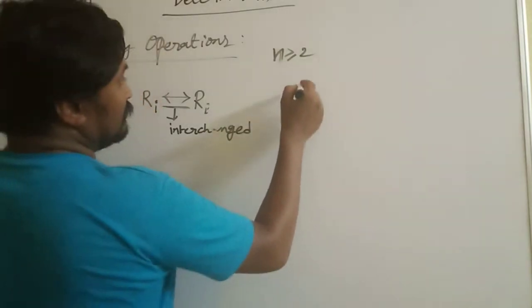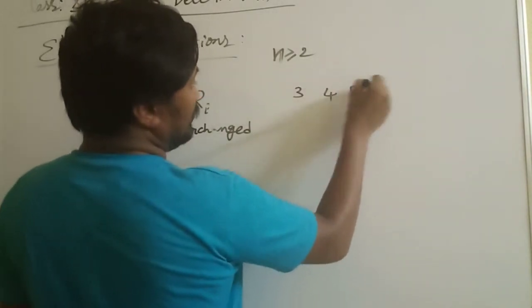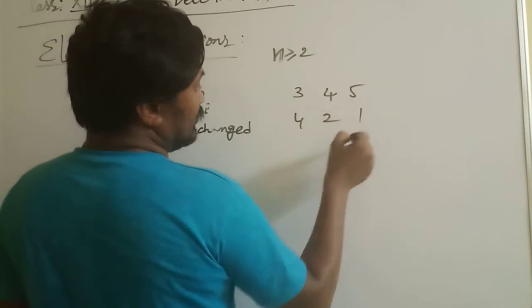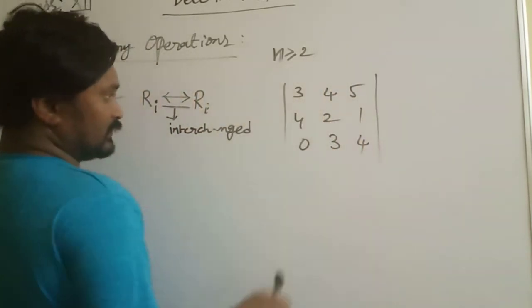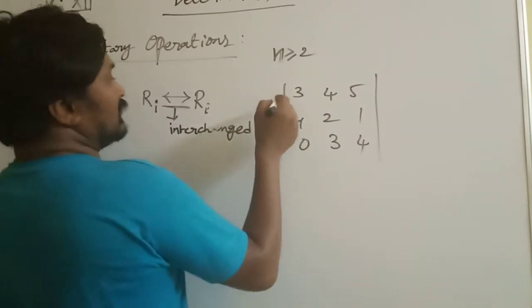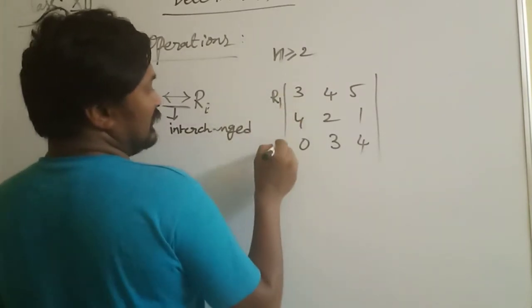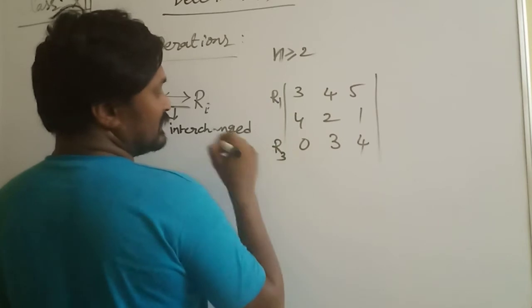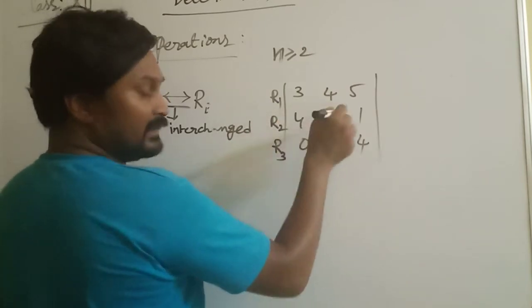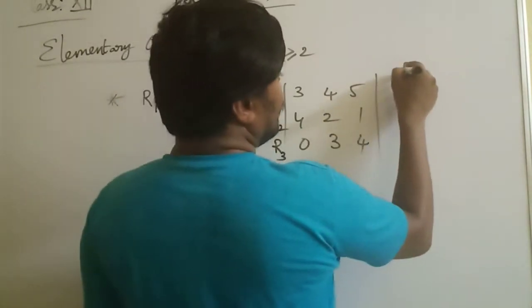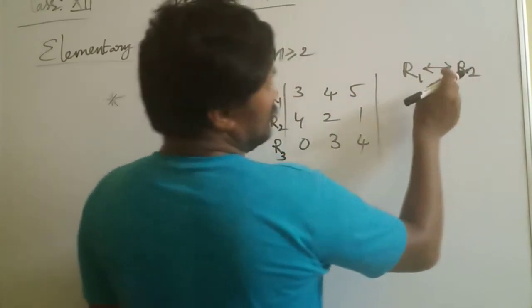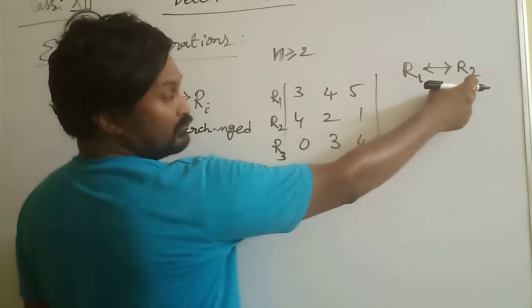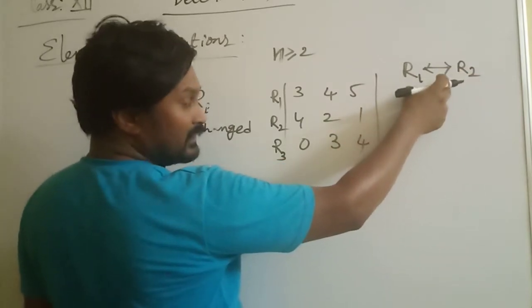It means, for example, 3 4 5, 4 2 1, 0 3 4 is your determinant. So here row 1 is this, row 3 is this and row 2 is this, right? So now if I write R1 double arrow R2, what is the meaning of that?